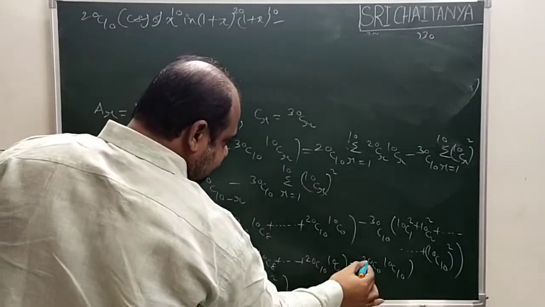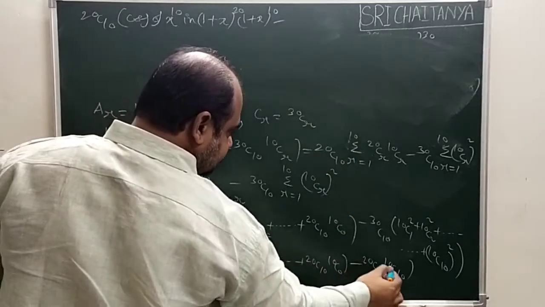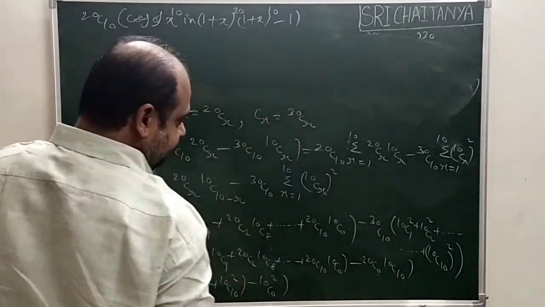Minus 20C0 is 1, so this is 1 into 1, which is 1.